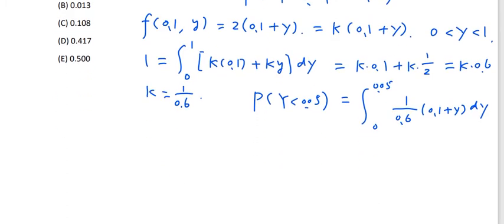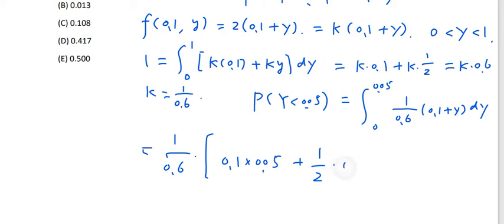So this probability equals 1 over 0.6 times 0.1 times 0.05, plus the integral of y, which is half of 0.05 squared.